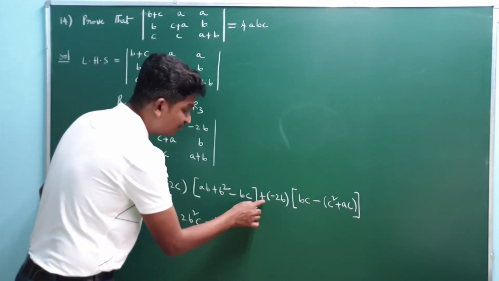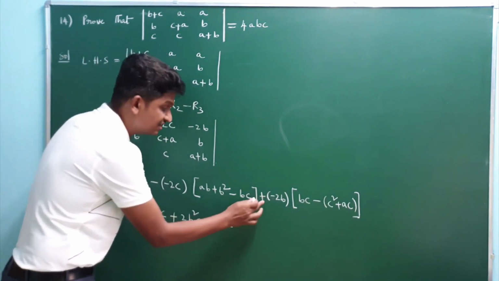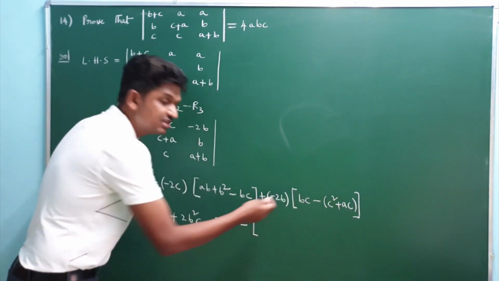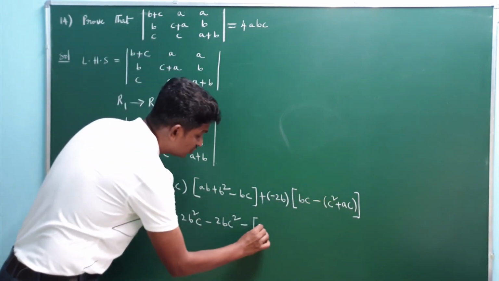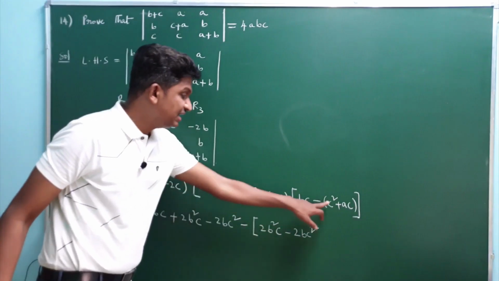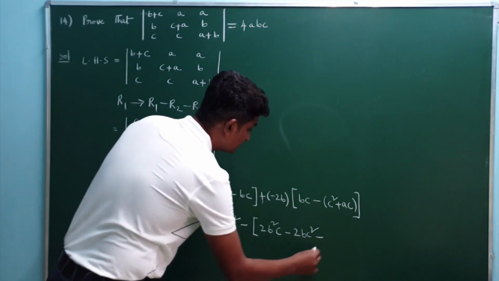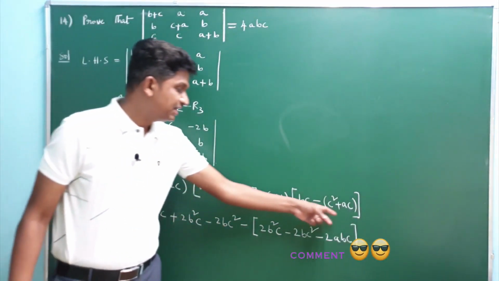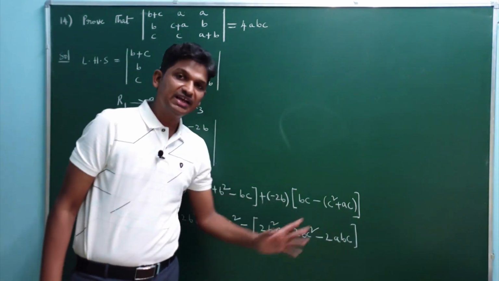Okay. Now plus of minus is minus. First I'll write minus. Now multiply each element of this with 2B. What you will get? You will get 2B square C minus 2BC square minus 2ABC. If you multiply this whole expression with 2B, you will get like this.